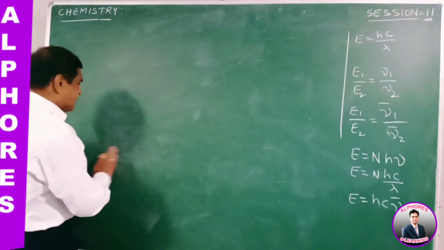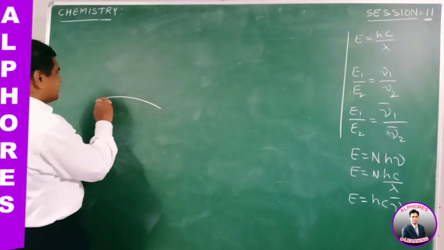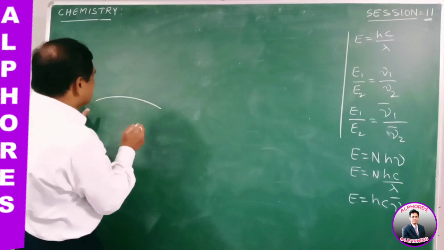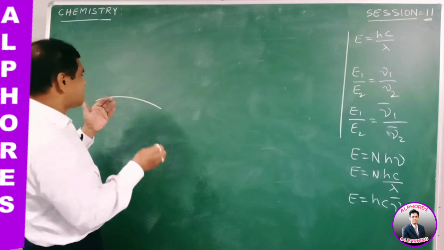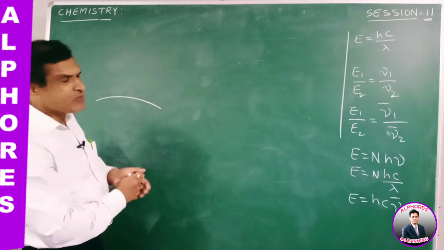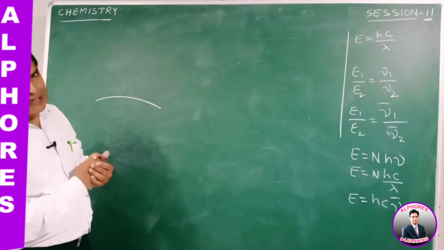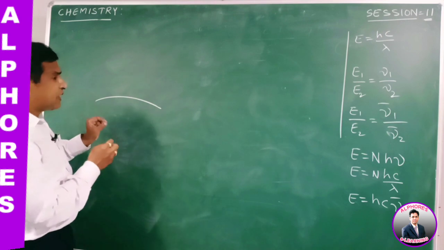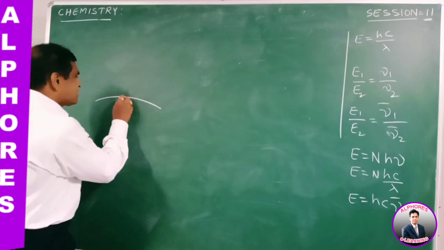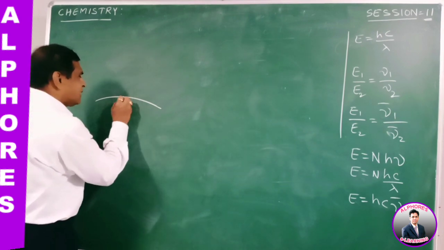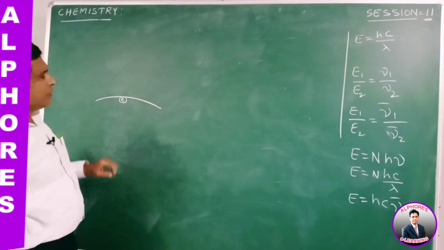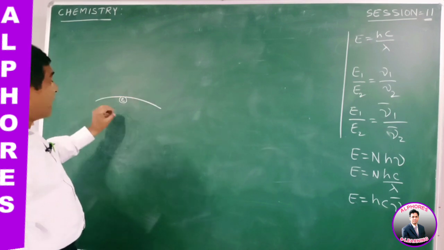This is the surface of a metal. The surface contains its own number of atoms, and each atom has its own electron. Now we are concentrating on the surface. Say this is one atom, having its surface atom electron.